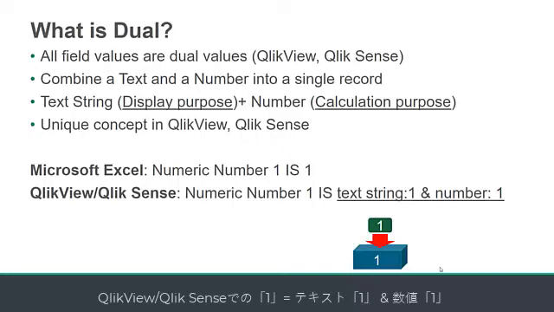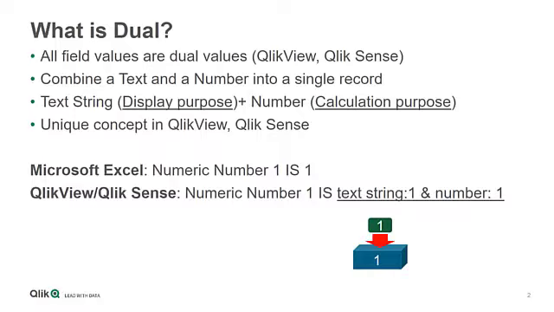Field value 1 is like a container with a label 1 for display purposes. Then inside the container, it contains 1 as the actual value for calculation purposes.